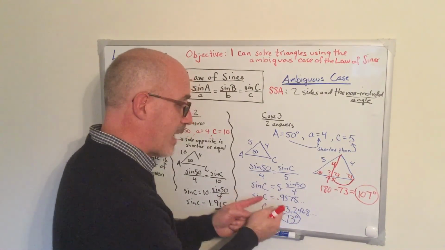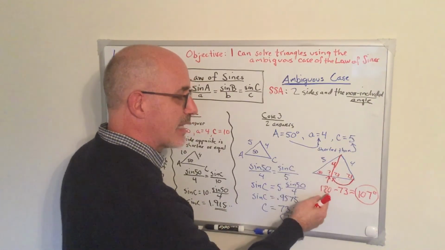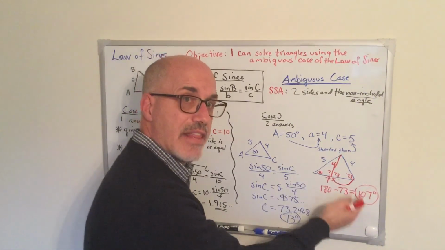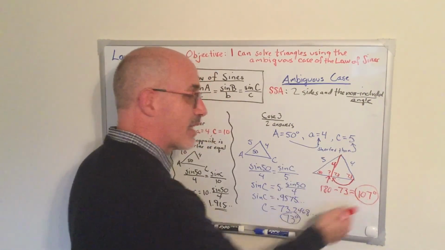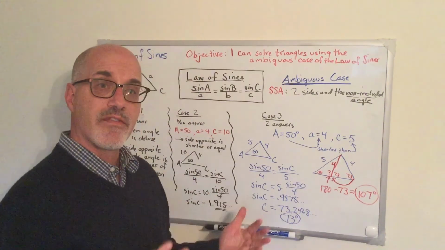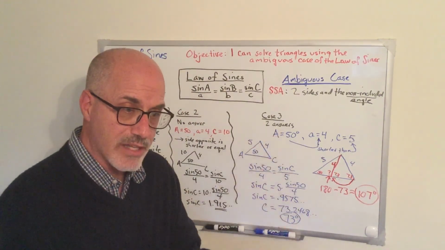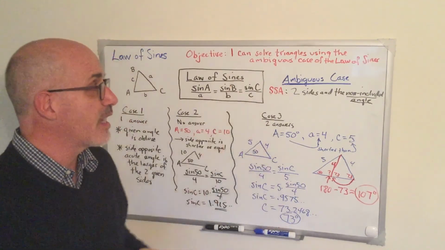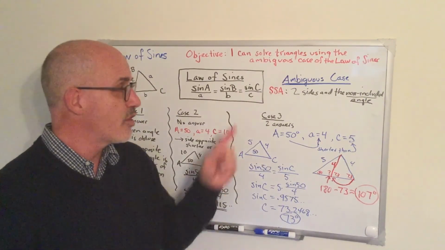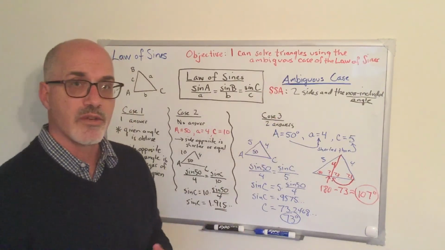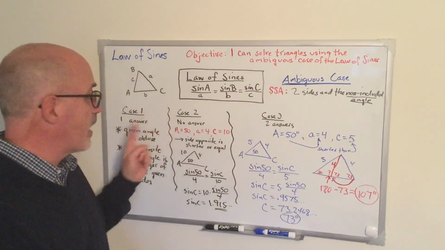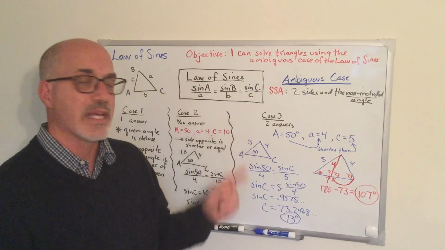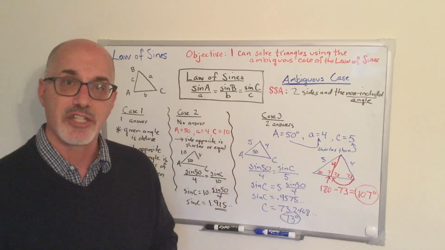You could get one answer, and then you do its supplement, and that supplement is also a possibility, and now you can use that information to get two answers to solve for the rest of the triangle. So we can solve the ambiguous case of the law of sines. We're given two sides and the non-included angle to find either one answer, no answer, or two answers, depending on the information given to us.